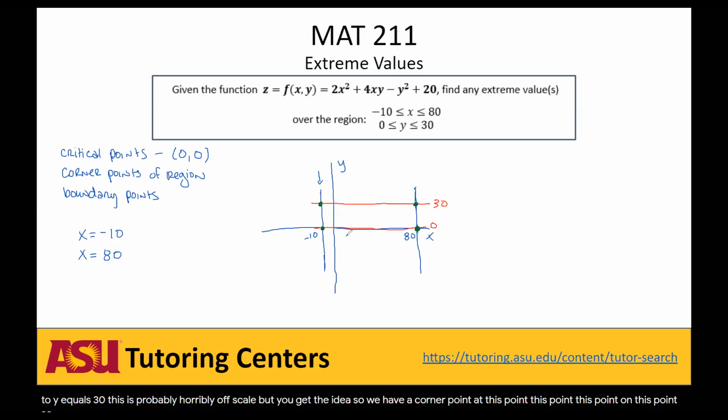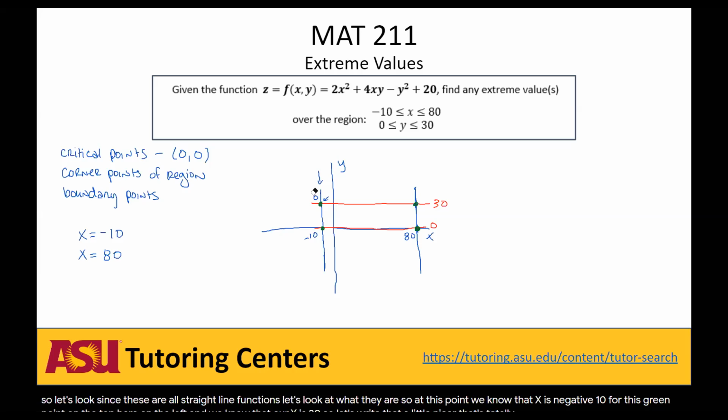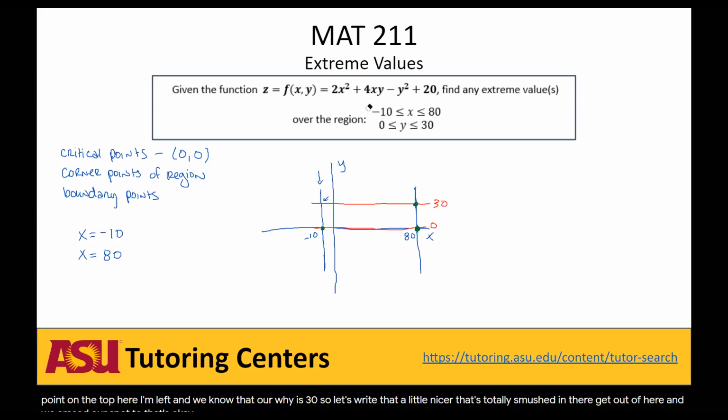Since these are all straight line functions, let's look at what they are. At this point, x is -10 for this green point on the top left, and y is 30. So let's write that a little nicer.